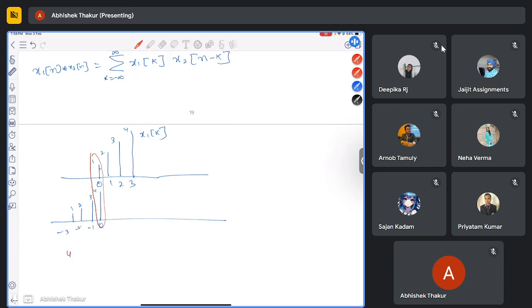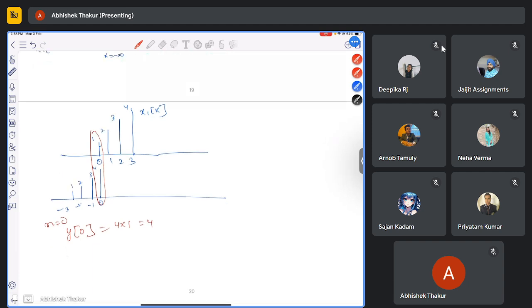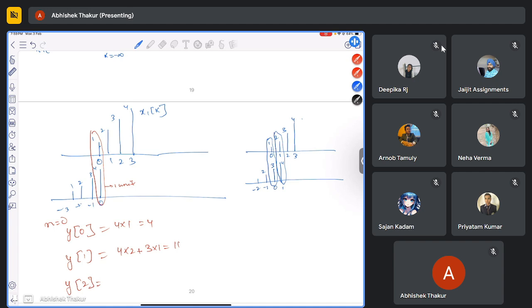For y[0], for n equal to 0, the overlap value is 4 into 1, which is 4. For y[1], this will shift by 1 unit, so it will be 4 into 2 plus 3 into 1, which is 11. The sequences 1, 2, 3, 4 and 4, 3, 2, 1 shift accordingly for n equal to 1.